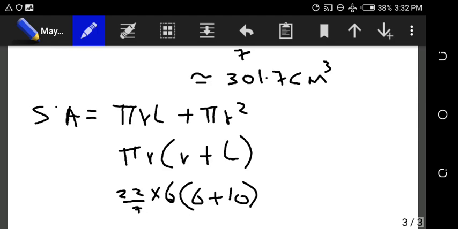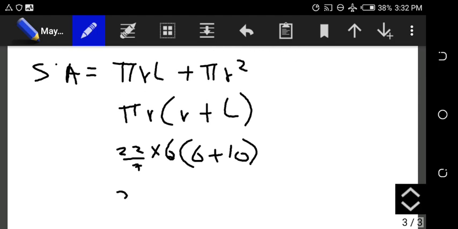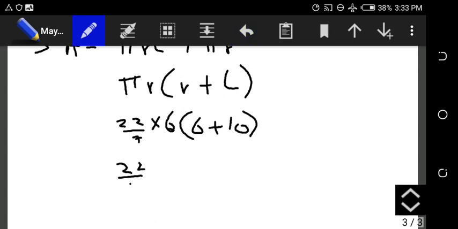So multiplying it out, we have 22/7 times 6 times, for our bracket, 6 plus 10.